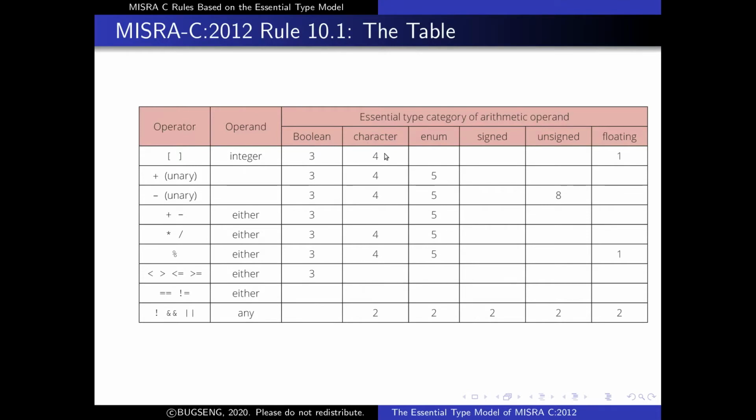You cannot address it with a character. You cannot address it with a floating. This is a constraint violation. Whereas it is fine to address an array with a signed or an unsigned. Another example we have seen: you cannot take the sum of two Booleans or two enumerated types.